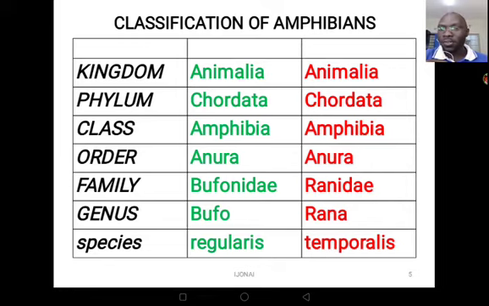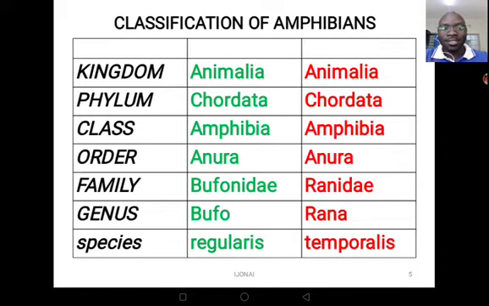The species of the frog, the one we are going to look at today, is Regularis, and for the toad it is Temporalis. So I hope you are able to classify the amphibians, especially the frog and the toad, at least up to the species level.